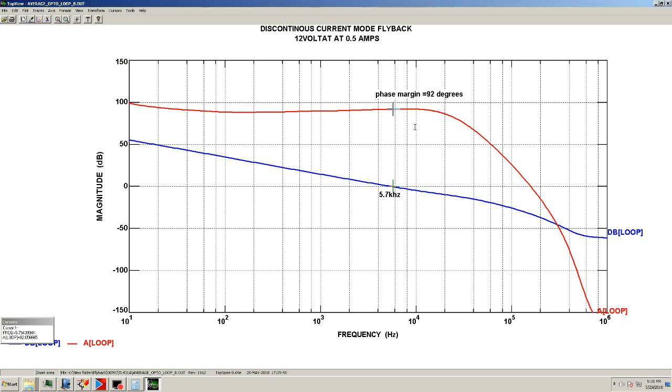Now we do this. We'll move the phase cursor to where it crosses the 0 dB, and then we measure the gain, and this is called the gain margin. And gain margin is -32.